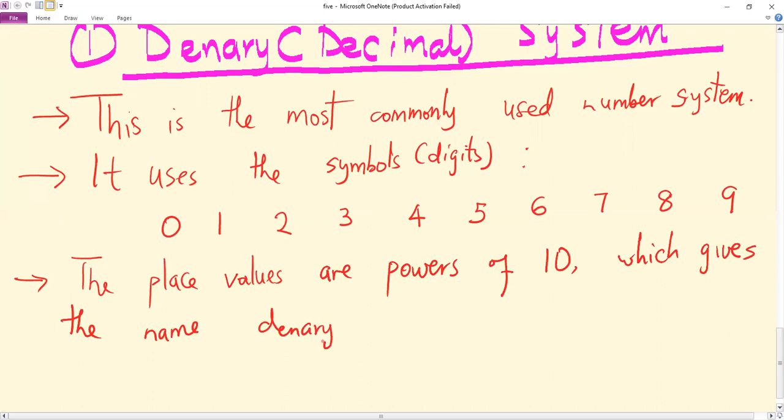So denary means 10 or decimal. This denary or decimal simply means base 10.